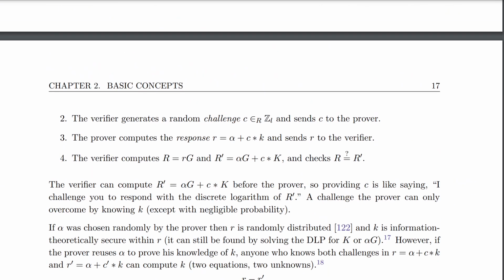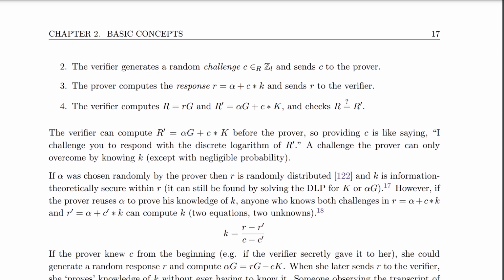The verifier then generates their own random value, and it's going to be a challenge C, which again exists in the field we're concerned with, and in turn sends C back to the prover. The prover then computes their response, R, which is just alpha plus the challenge times the private key, and sends R to the verifier.